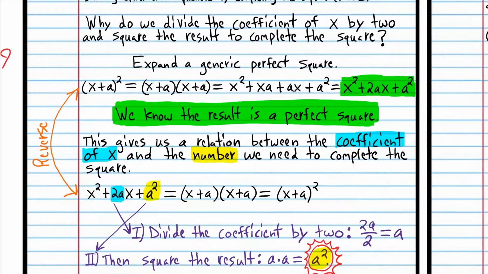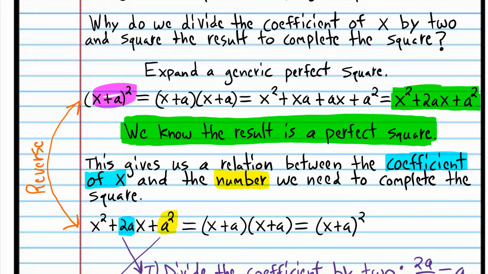So this expression here in purple is a perfect square, but it's a generic perfect square, and that's because this number here is not a specific number, it's just a. Now, we're going to take this perfect square and expand it. By the definition of square, that's just the number times itself.